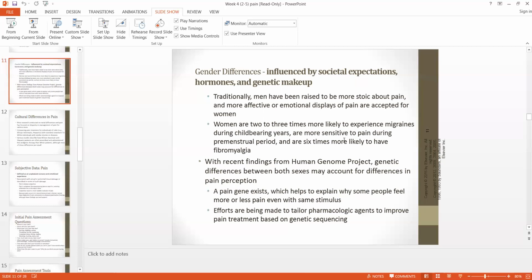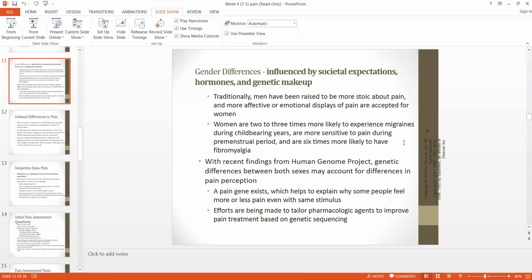It says here that women are 2 to 3 times more likely to experience migraines during childbearing years. Well, there's a lot going on during childbearing years with hormones and with changing of the body, and before menopause is childbearing years. So they're more sensitive to pain during a premenstrual period, which is true. It's not made up, the PMS.